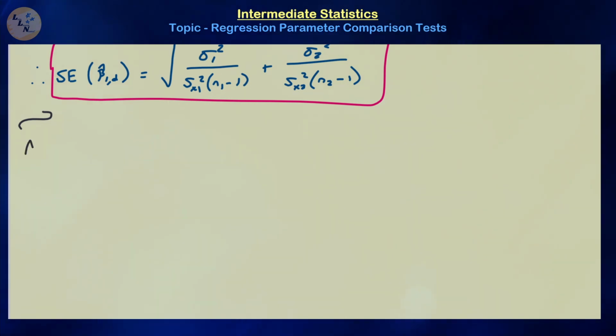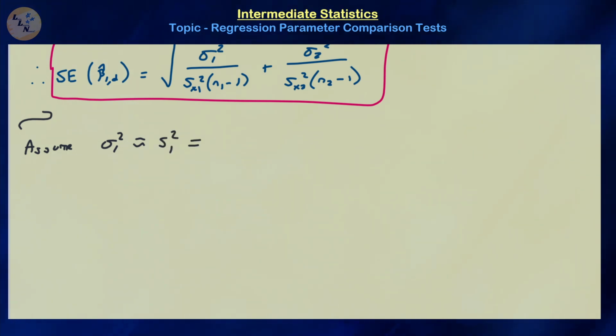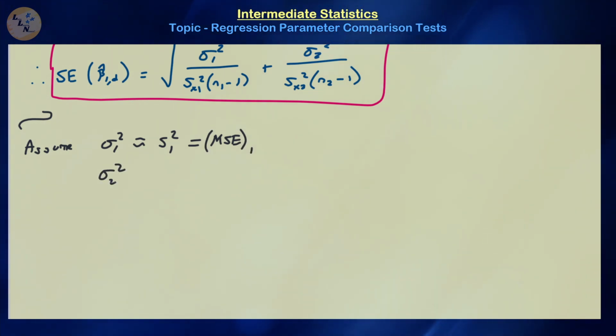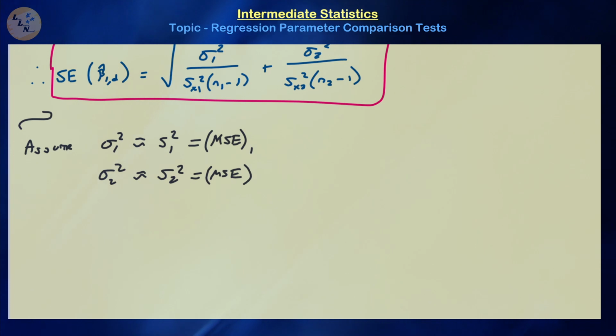So let's assume that we're going to approximate sigma 1 squared with s1 squared, which is equal to the mean square error of the first bivariate data set. And let's assume sigma 2 squared also is not known. We're going to approximate that with s2 squared, where s2 squared is the mean square error for our second bivariate sample.